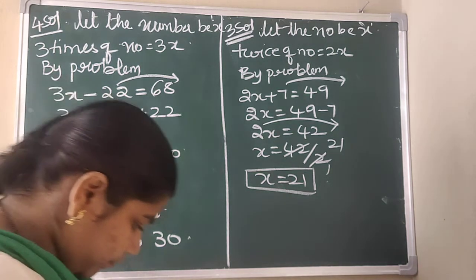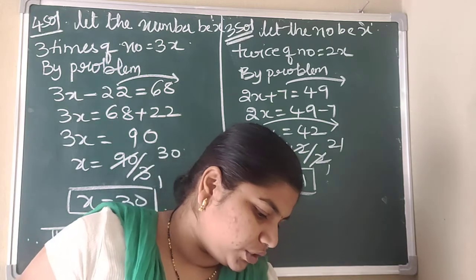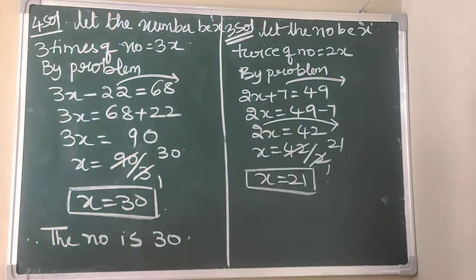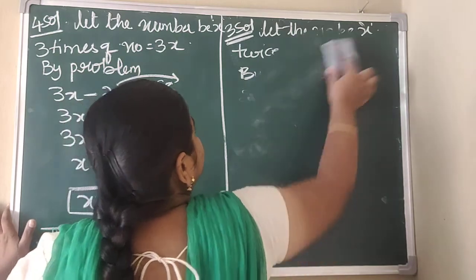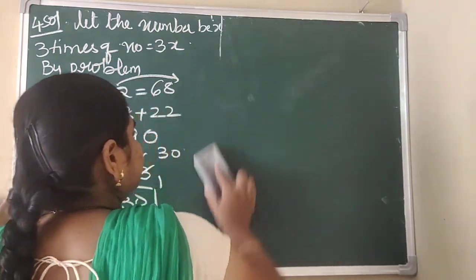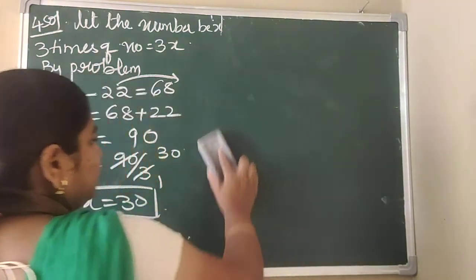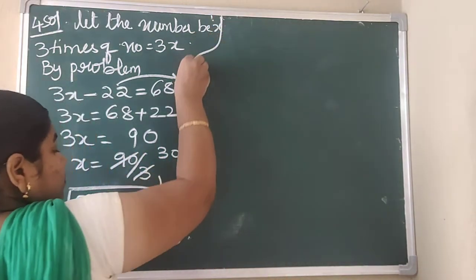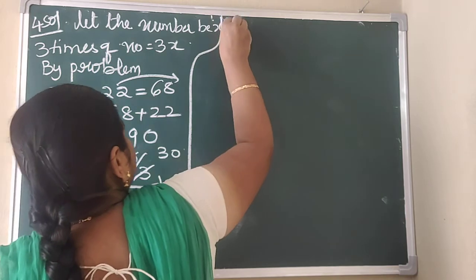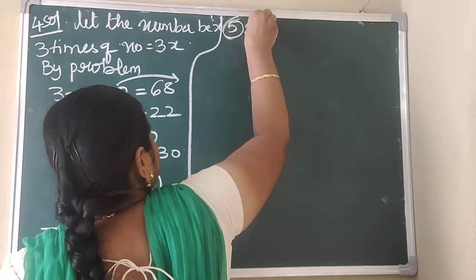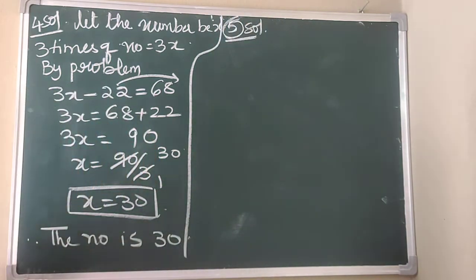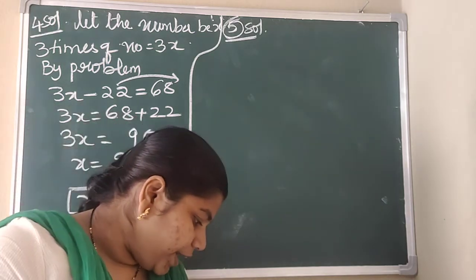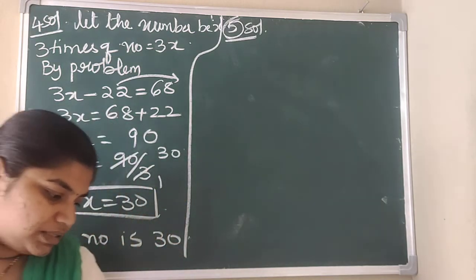Next is the fifth question. So what is that? Find a number which when multiplied by 7 and reduced by 3, the result will be equal to 53.